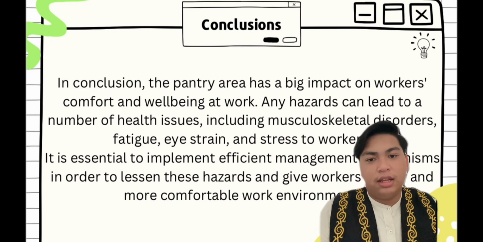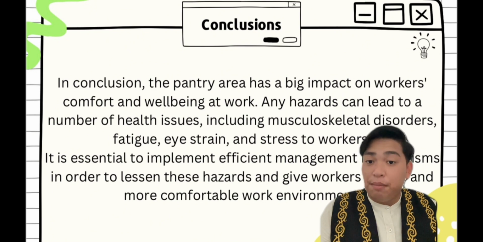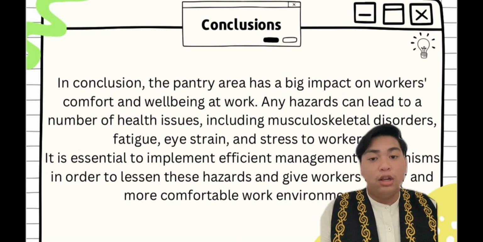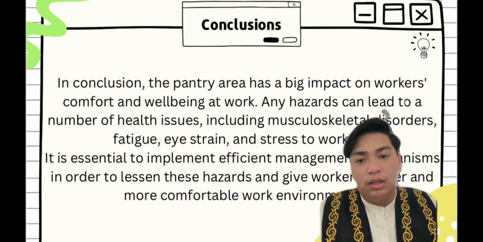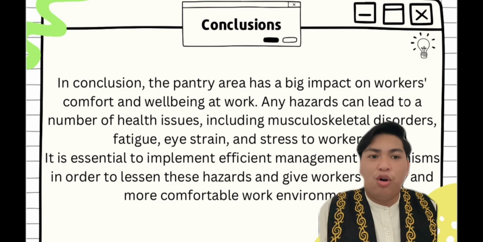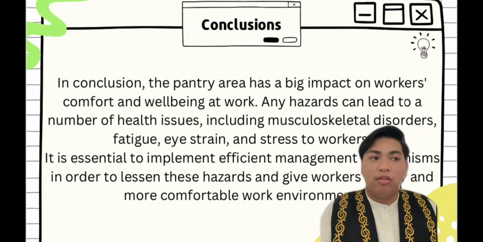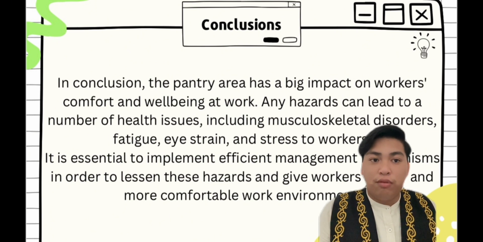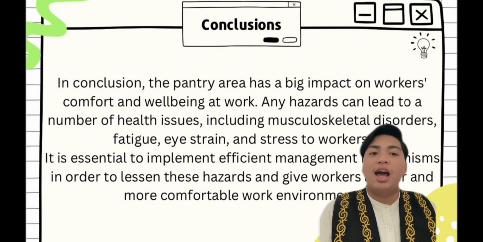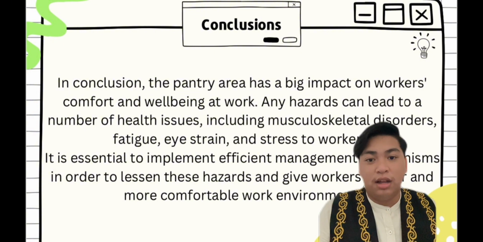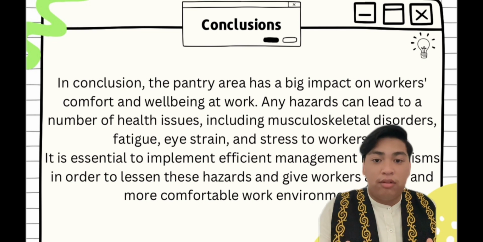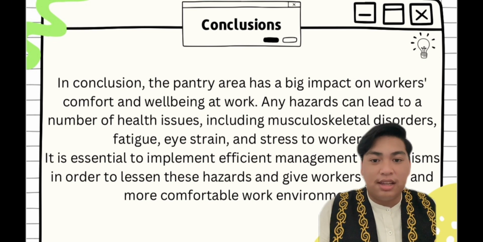Any hazard can lead to a number of health issues, including musculoskeletal disorders, fatigue, eye strain, and stress to workers. Examples of ergonomic hazards in the pantry area are poor design, insufficient storage, uncomfortable sitting, and dim light.